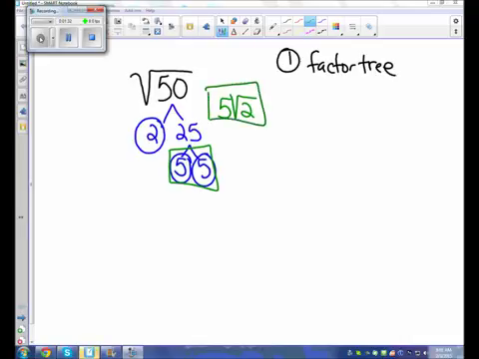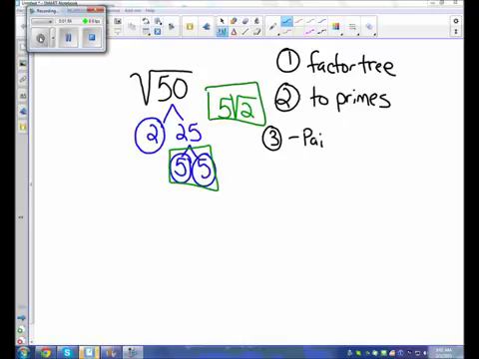Okay, so then let's catch up over here with our steps. Step number 2 would be to factor all the way to primes. Factor tree, I'm just going to add 2 primes. Okay. Pairs, let's go ahead and make this step 3. Pairs, I'm going to write on the outside.